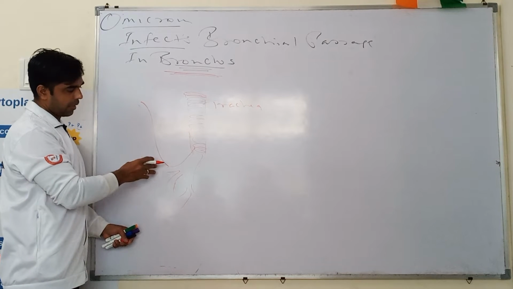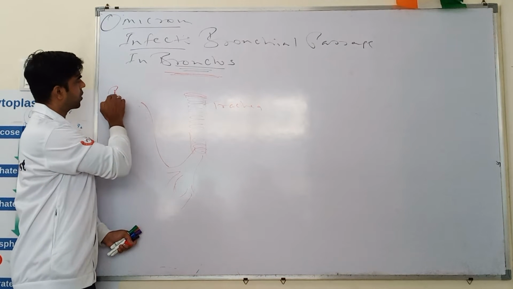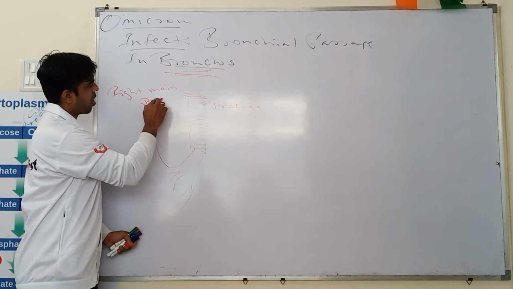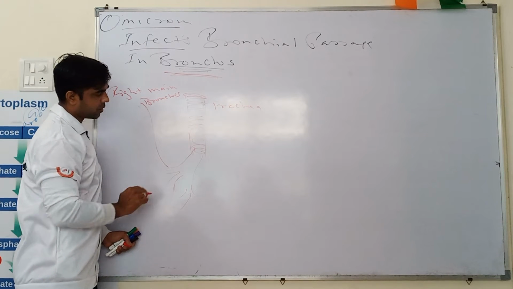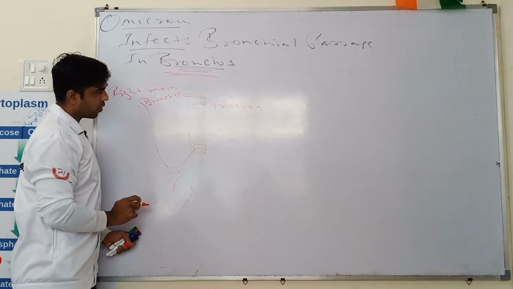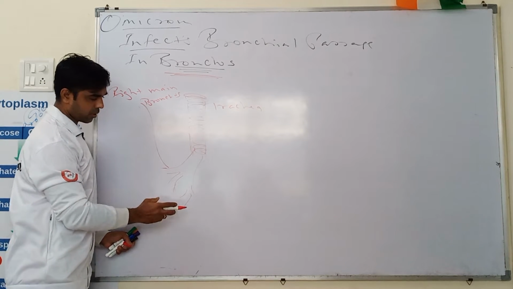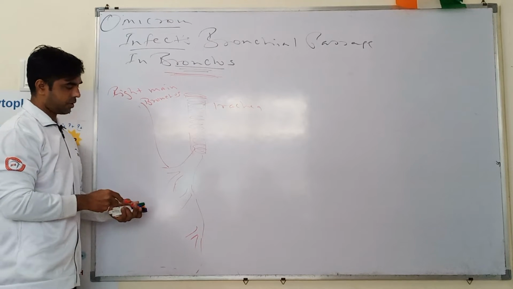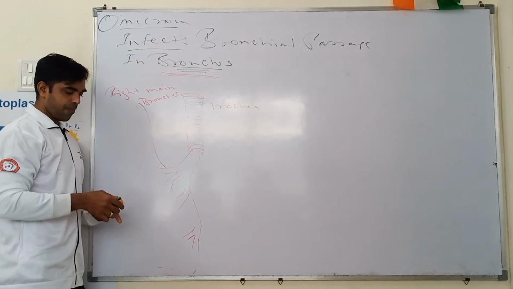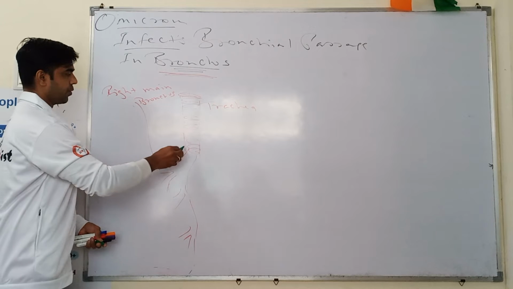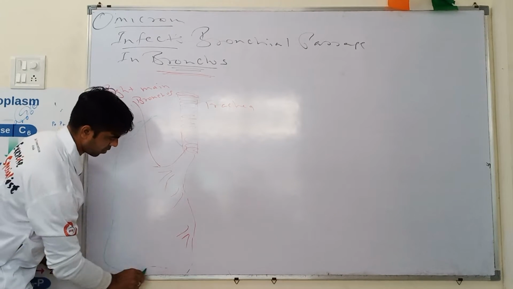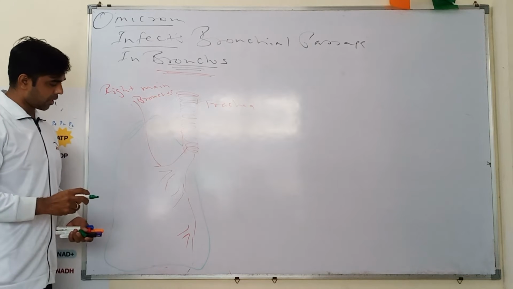We can call it the right main bronchus, or upper bronchus. Then we have the lower bronchus, right? Let's make lung tissue. So this is your lung tissue.